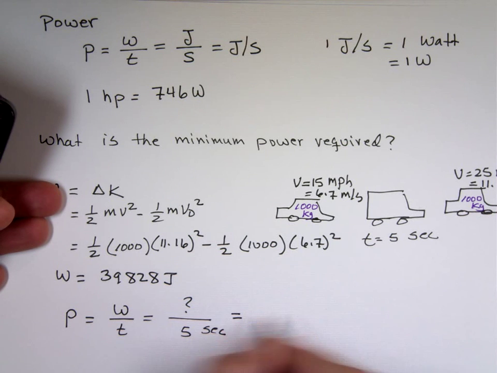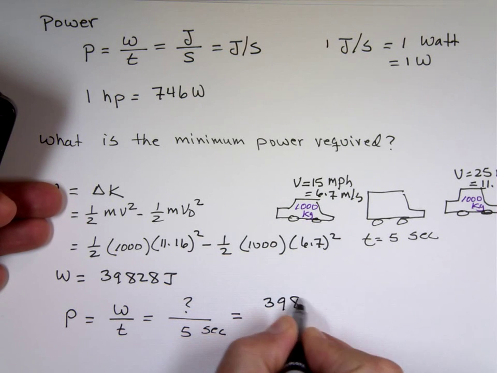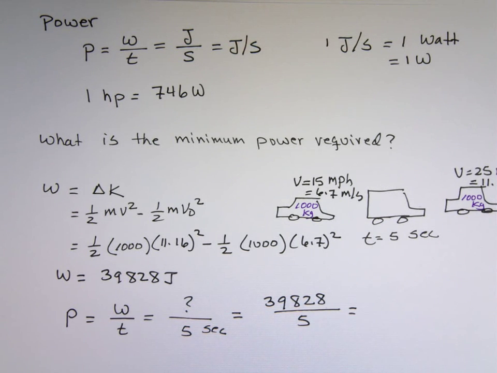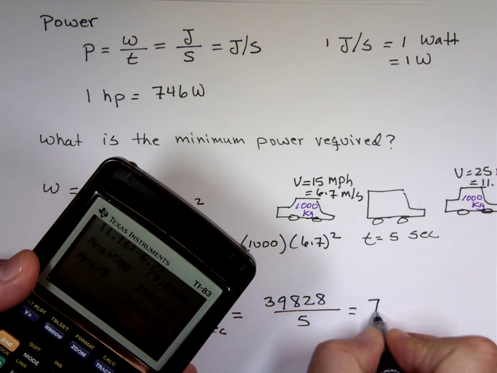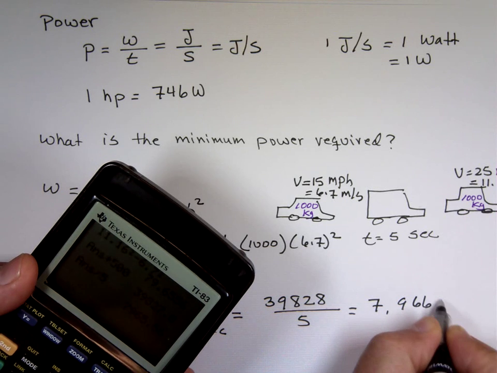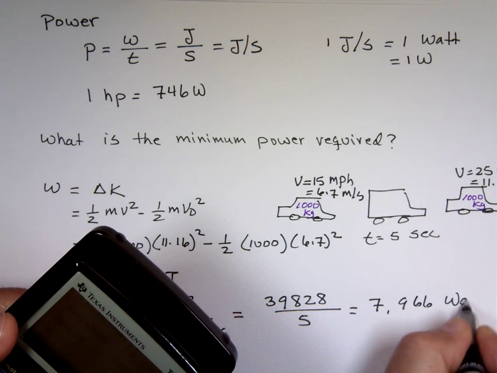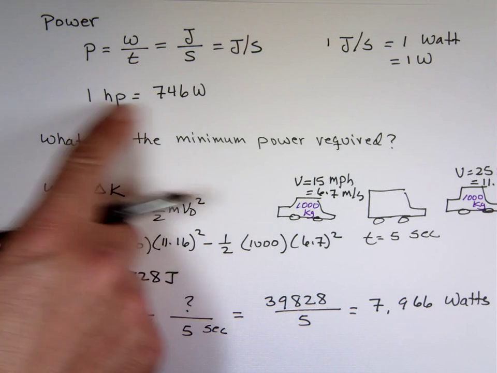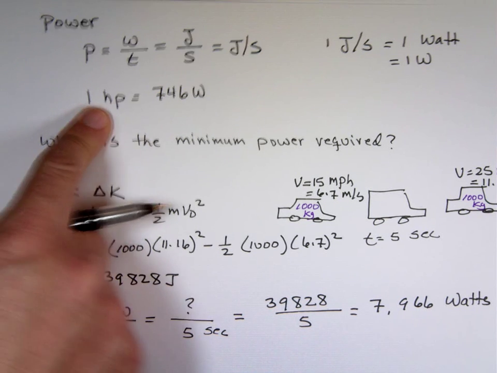So how much power? 39828 divided by 5. And that's 7,966 watts. Now, if you want to know how many horsepower, remember 1 horsepower is equal to what? 746.